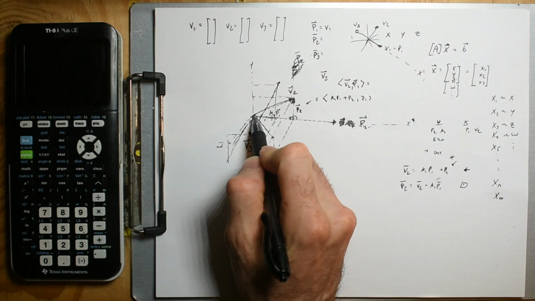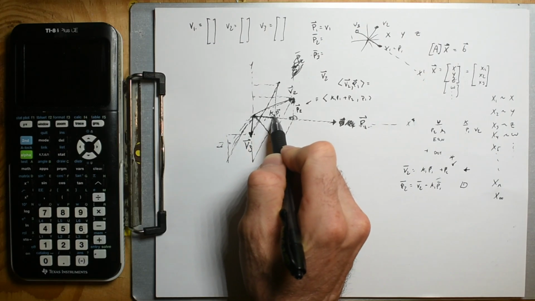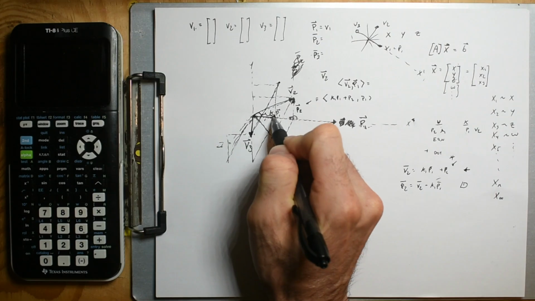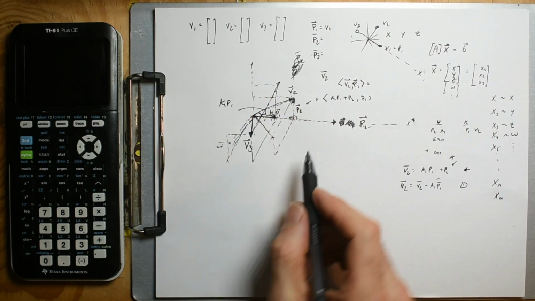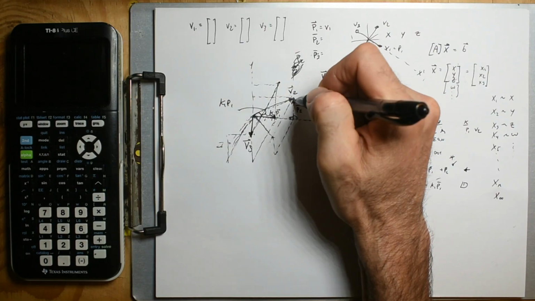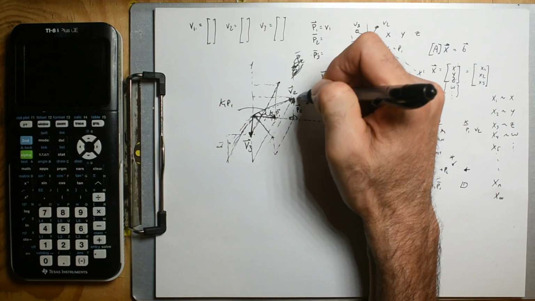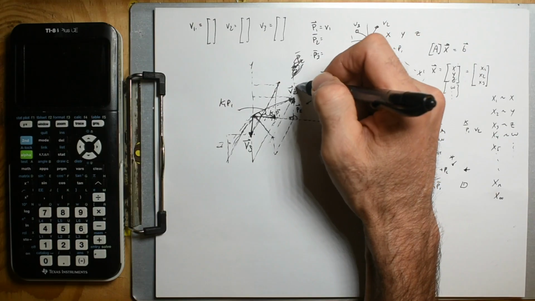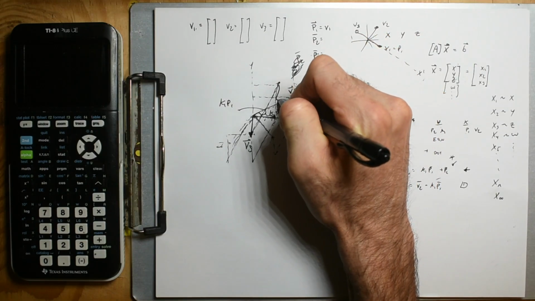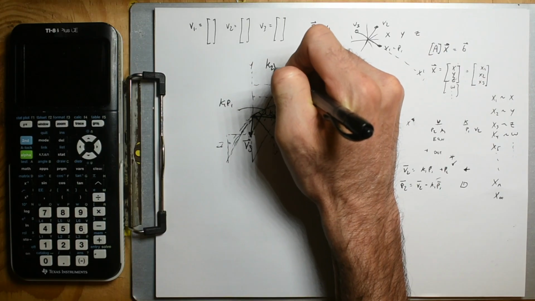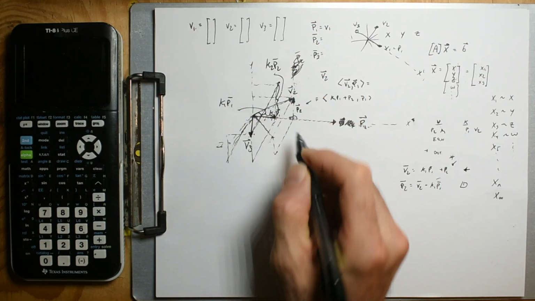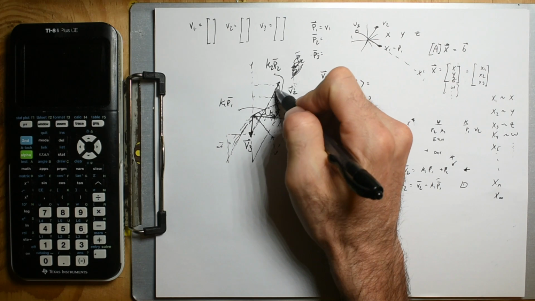I'm going to go in the P1 direction, so now this becomes K1 P1. I'm going to go in the P2 direction. We said P2 is right here, so my scalar actually has to be bigger, more than 1. But here, this is my K2 P2. And so that's going to be that vector.